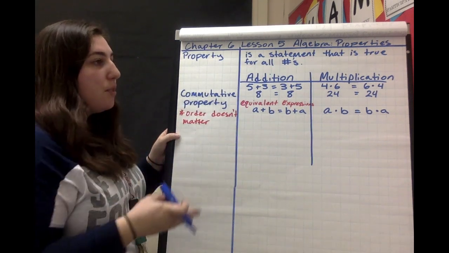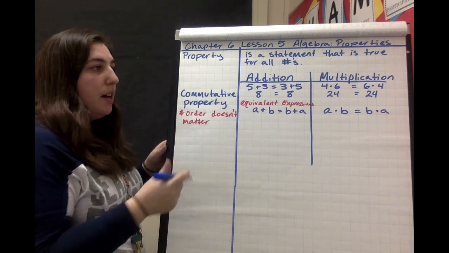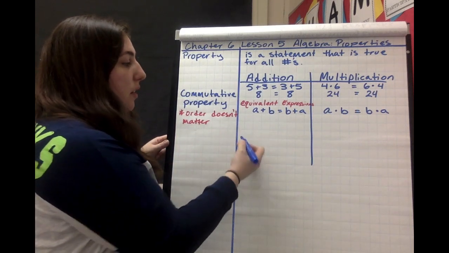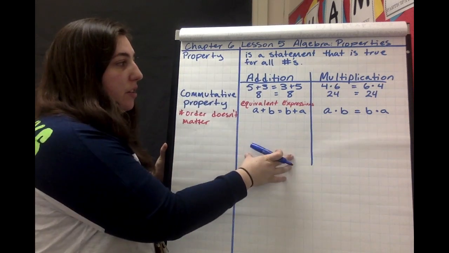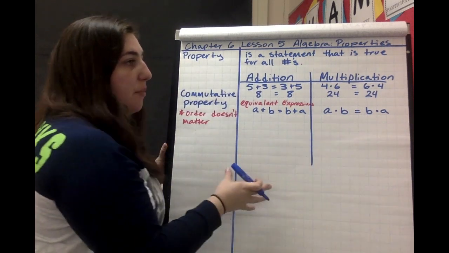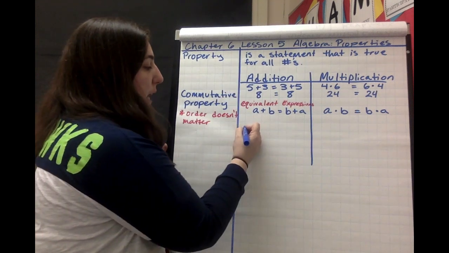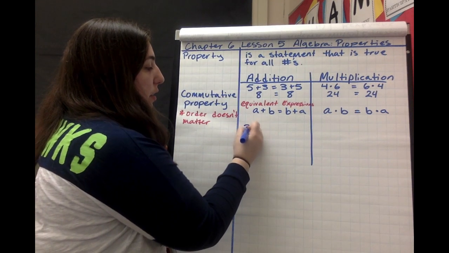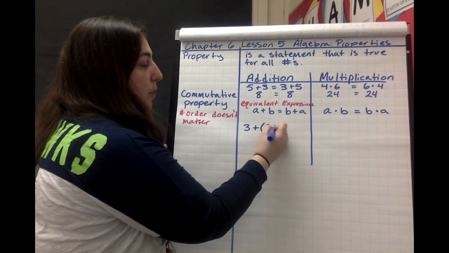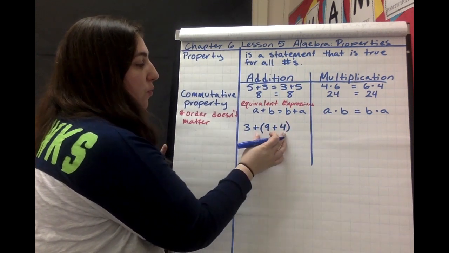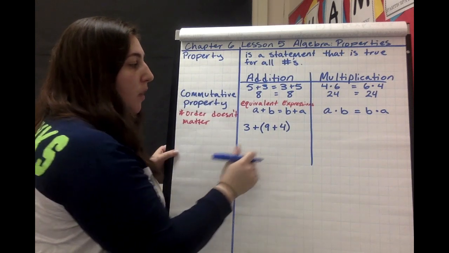All right, so the next property that we're going to talk about is going to be just a little different, but it's still going to have an addition and multiplication example. Let's say we have the expression 3 plus 9 plus 4, where 9 plus 4 are in parentheses.